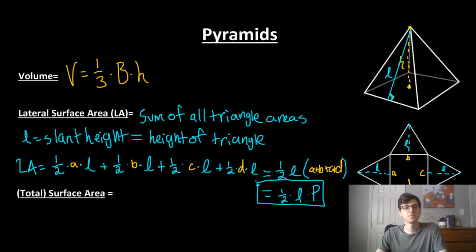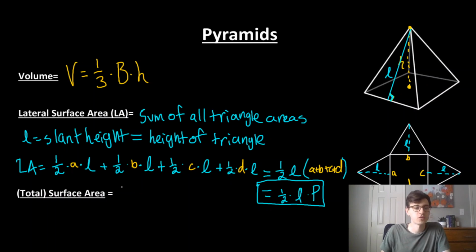Easy peasy. Now, total surface area, it's harder to generalize a formula because we don't know what the base of our pyramid is going to be. Like I said earlier, it could be a square or an octagon or a dodecagon or any sort of weird figure you could think of.